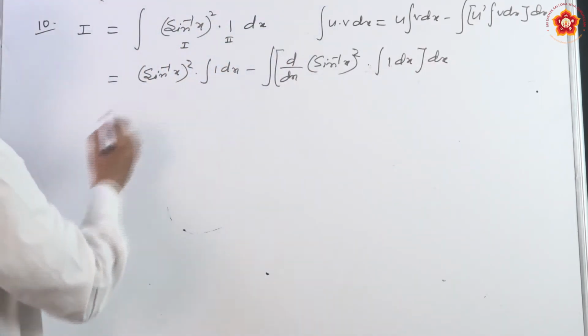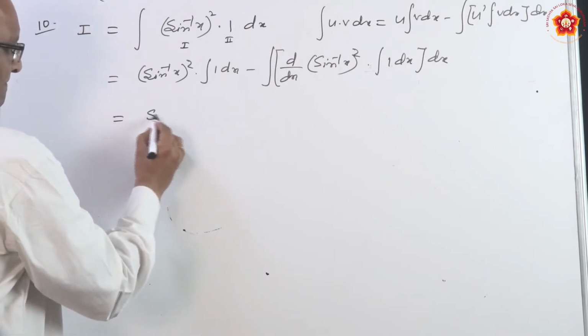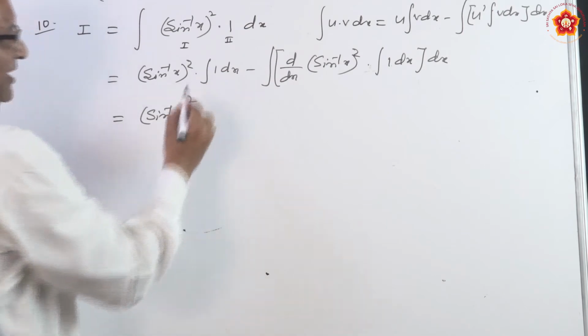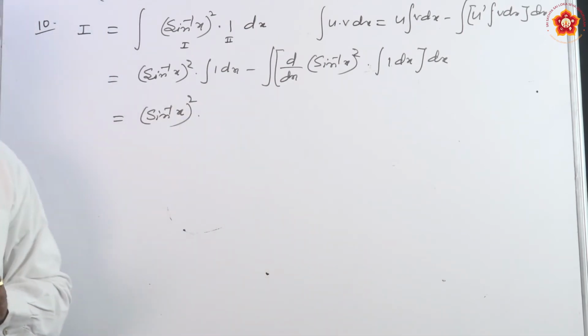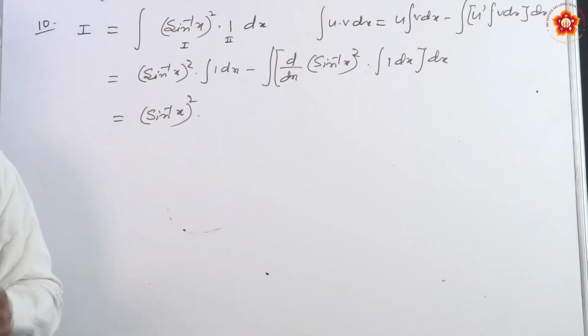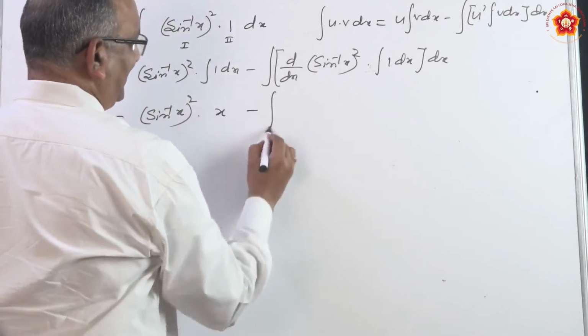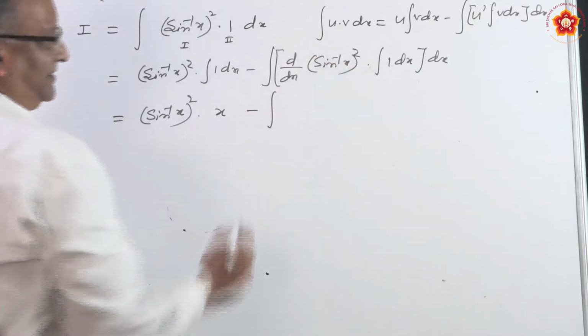Apply the formulae. Sine inverse x whole square remains as it is. What is integral of 1 dx? It is nothing but integral of dx. What is integral of dx? It is x. So x minus integral of, differentiate this.